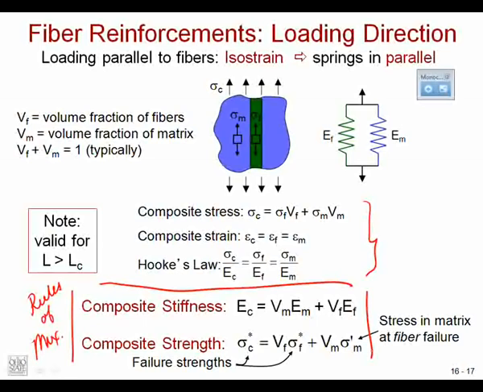Then we can calculate the best case scenario for a fiber reinforced composite, whether or not we even have a chance of getting the properties we want with a certain matrix phase, a certain reinforcement phase, at a certain volume fraction of reinforcement. That's why these are valuable. So these are the equations, these and then the ones for particle reinforcement that you're using on the homework.